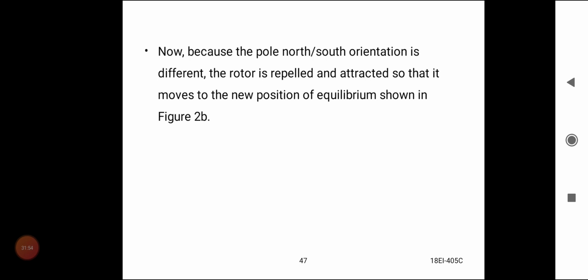So the north and south poles cause attraction, whereas the same poles cause repulsion. That causes one movement of the rotary position, one discrete step change in the stepper motor.